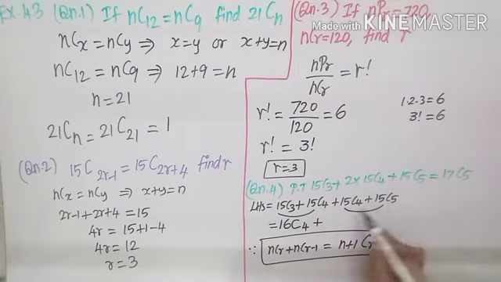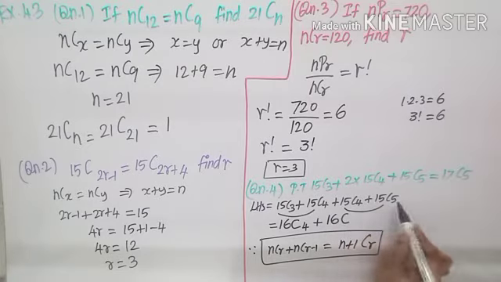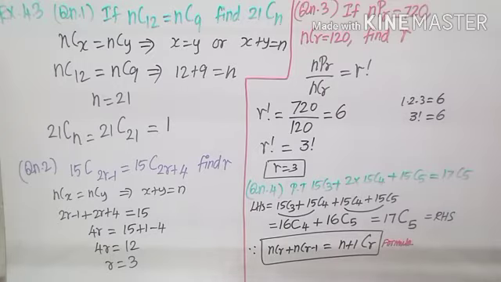Plus the same formula here, 15 will now become 16. See, 4, 5, bigger number should come, so it is 5. Now we have 16C4 plus 16C5. Again use the same formula.